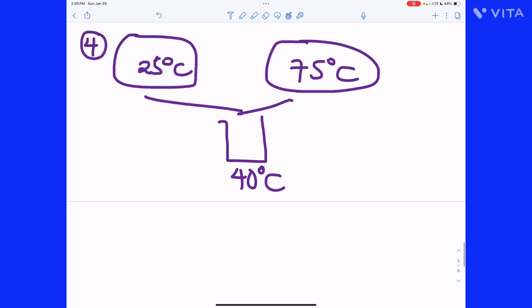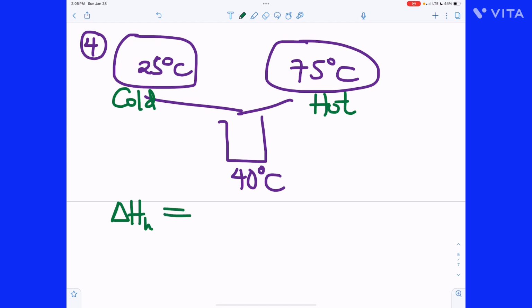That's easy. When the two waters come together, this is the cold water, this is the hot water. The heat lost by the hot water is equal to the heat gained by the cold water. Exactly. So heat lost by hot water is mass of hot water times specific heat capacity of water times its change in temperature.